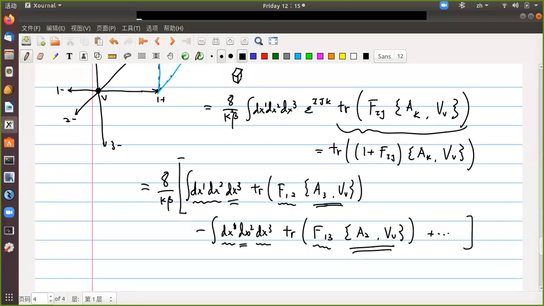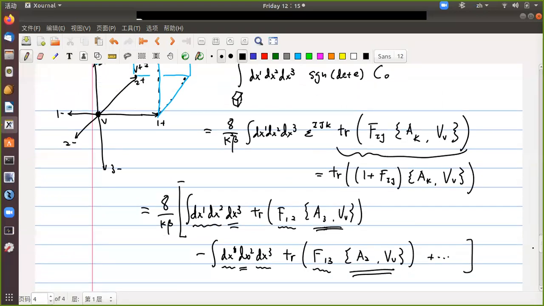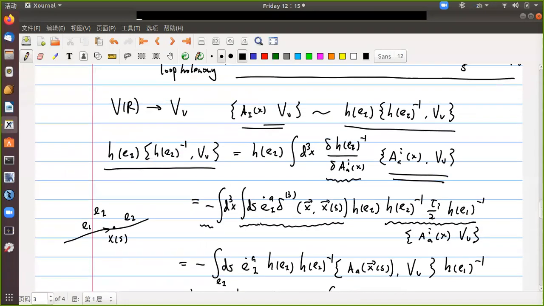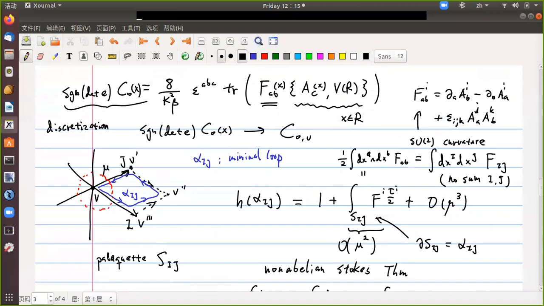I have a question here. Can you assume that F12 is independent of x3? So I want to replace F by the holonomy, the components of F by the holonomy. The holonomy around the plaquette spanned by i and j equals the integral dx^i dx^j F_ij.